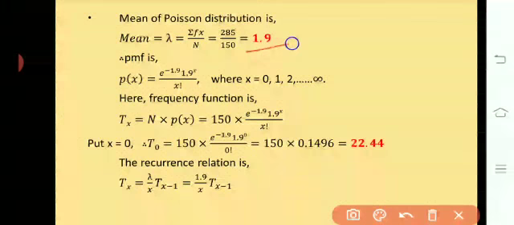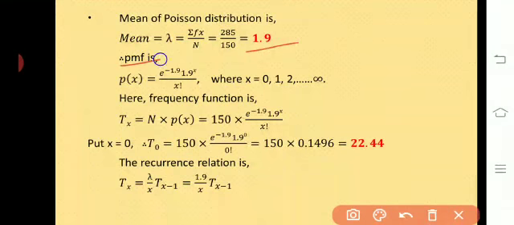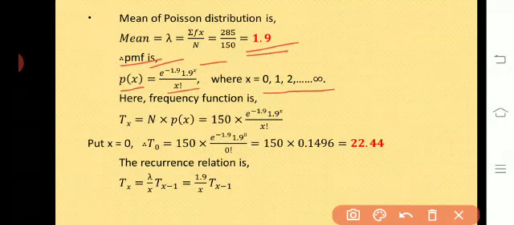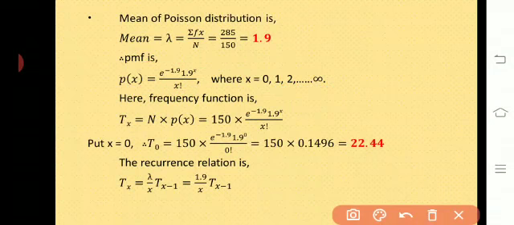Now we have the parameter of Poisson distribution, we can write the probability mass function: p of x equal to e raised to minus lambda, here minus 1.9, into 1.9 raised to x upon x factorial, where x equal to 0, 1, 2, and so on up to infinity.